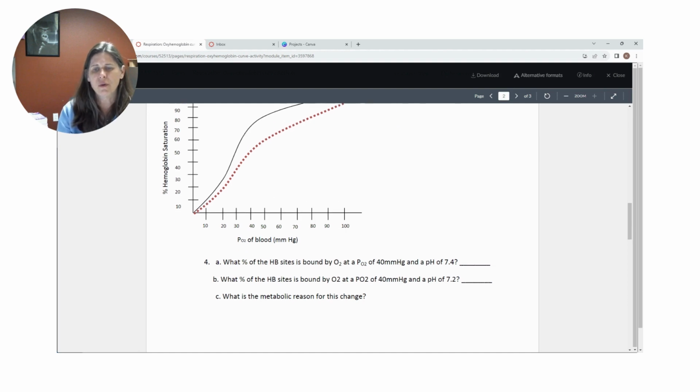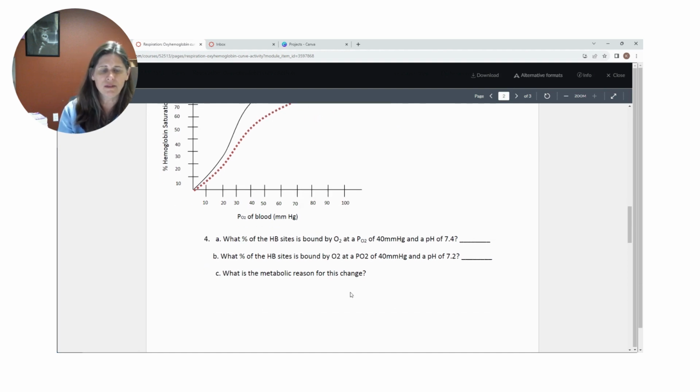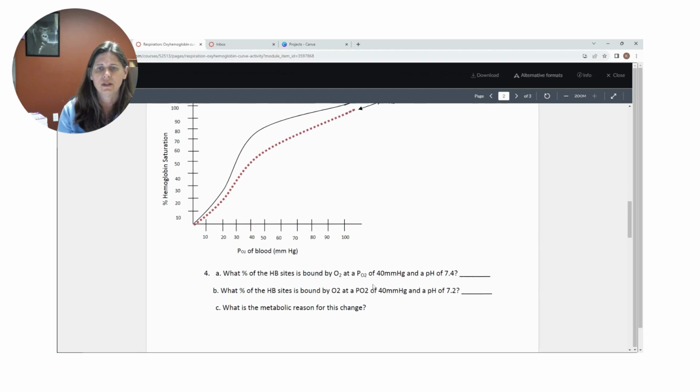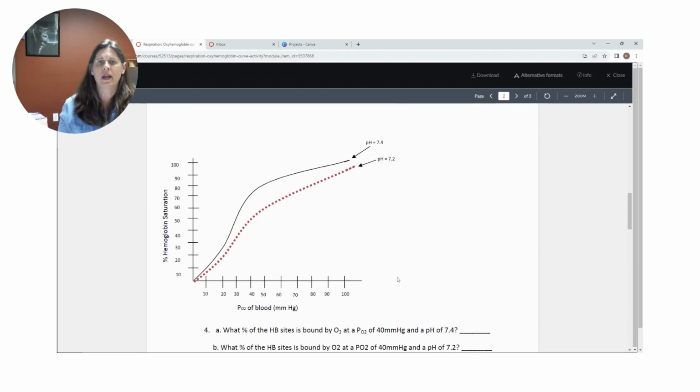So the question is, what is the metabolic reason for this change? Relate this back to cellular respiration. If metabolism increases, that means your cells are working harder. So in this area, wherever we're at in our body, that organ is working.